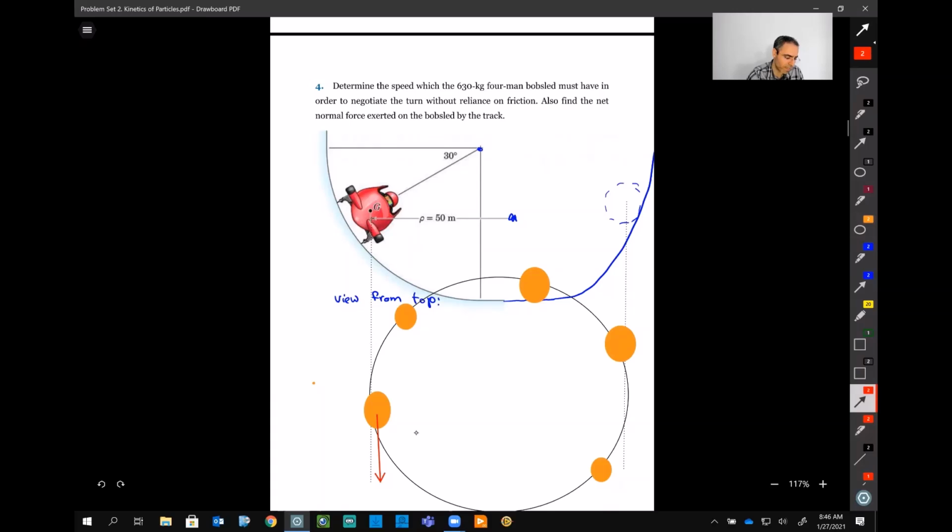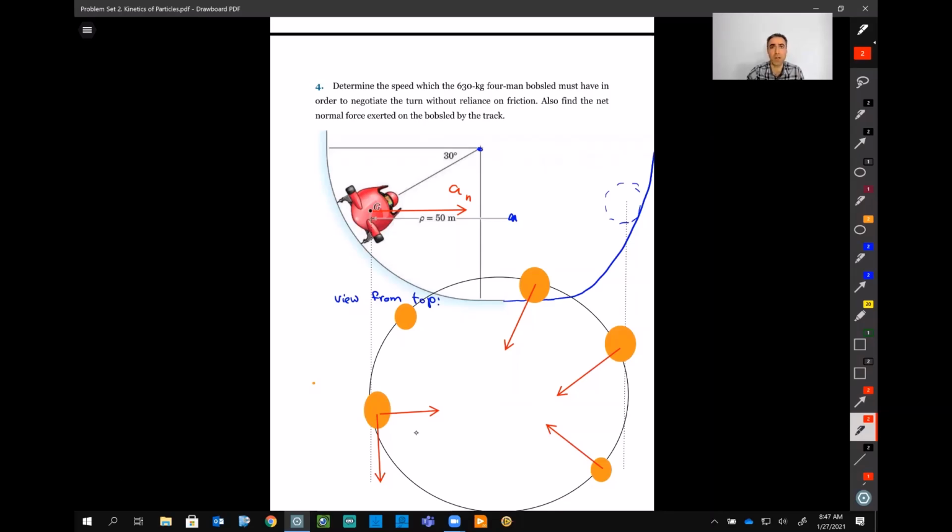So at any of these moments, it has a normal acceleration, which we studied here. If we look from the side, the normal acceleration is in this direction, AN. I hope it's clear.